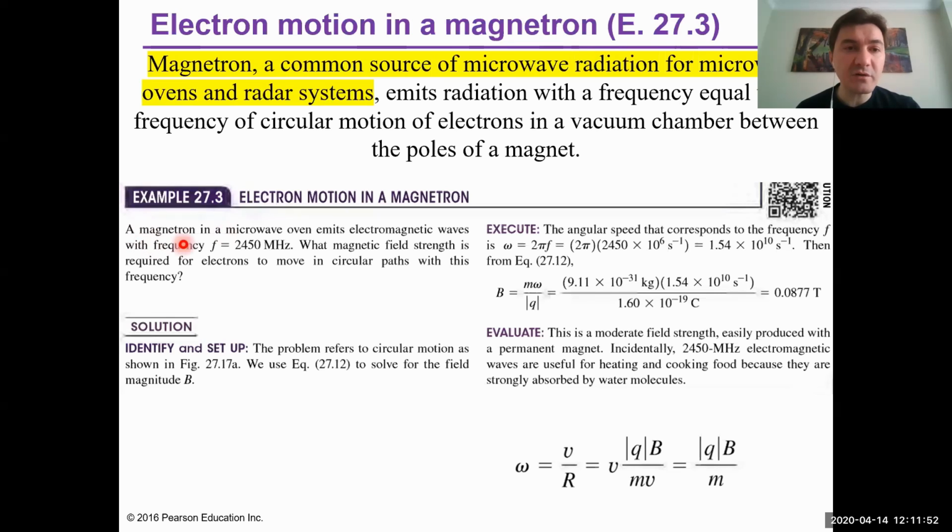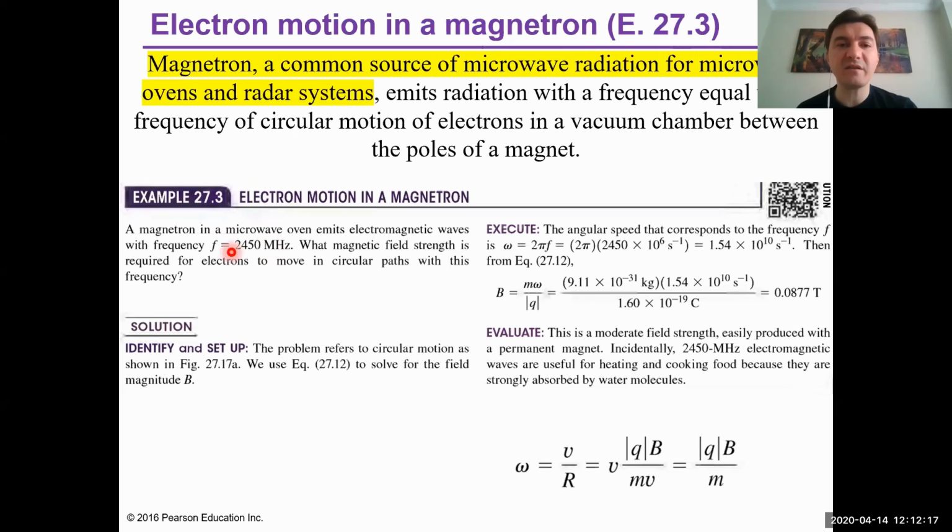A magnetron in a microwave oven emits electromagnetic waves with frequency 2.45 gigahertz, or 2450 megahertz. What magnetic field strength is required for electrons to move in circular paths with that frequency? So you would like to keep electrons in circular paths.